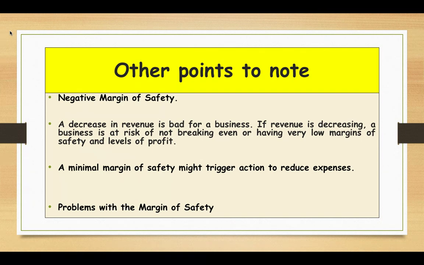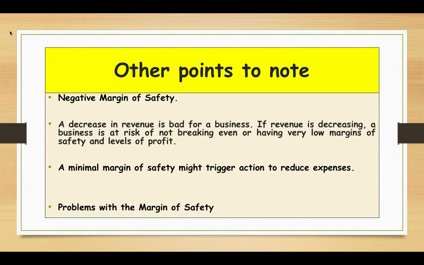The only scenario where a decrease in revenue is not damaging to a business is when the costs are also decreasing with the revenue. So if costs are also decreasing, the business may be in the same overall financial position.